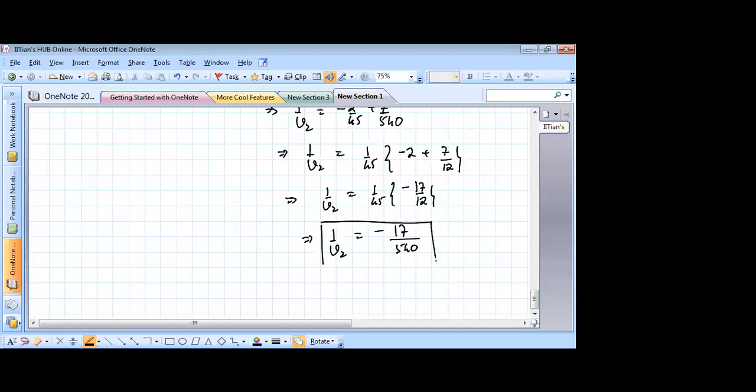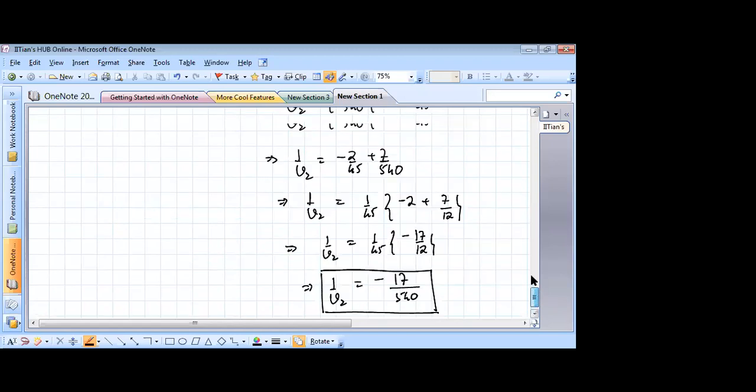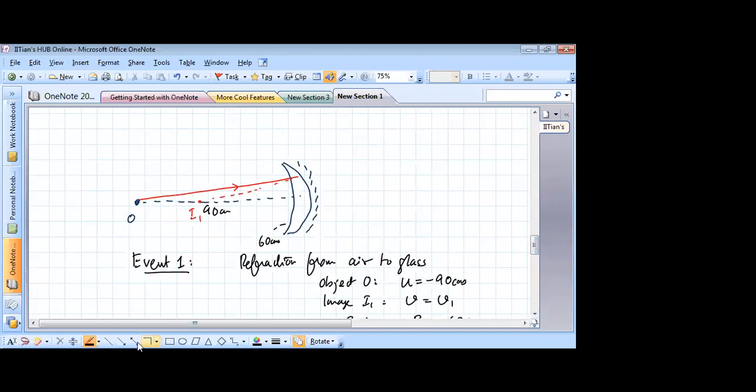So we get this as the second image position. So back in the ray diagram, something like this is happening.